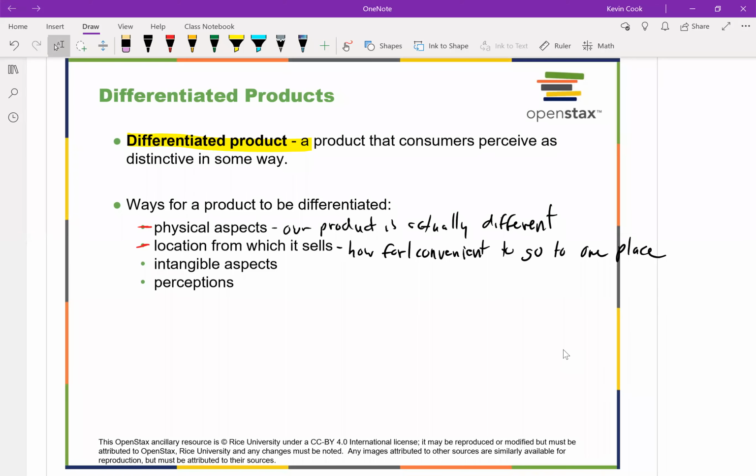These last two start to get a little more washy, I guess. But the third one, intangible aspects. These are things where they're intangible, so you can't necessarily tell by looking at the business or looking at their product, or something that has nothing to do with the product.